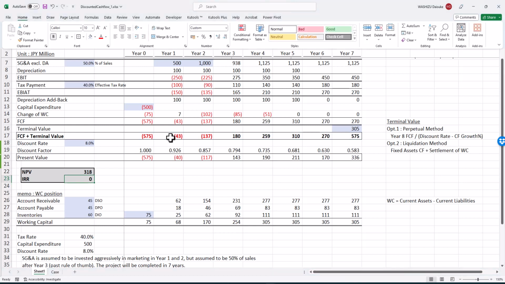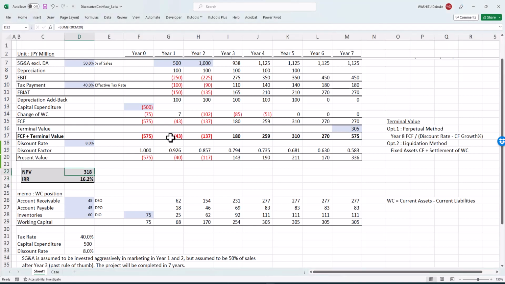Based on the assumptions, we can get the numbers. The NPV is 318 million, positive. IRR is 16%, greater than the discount rate. So with these metrics, we can say that this project is worth doing, just with this calculation.